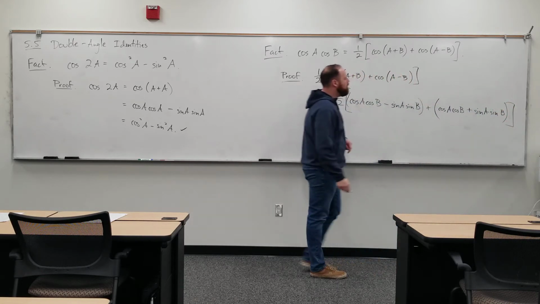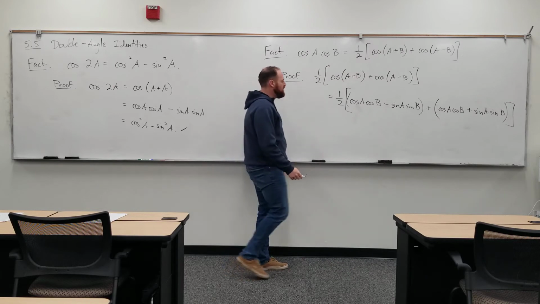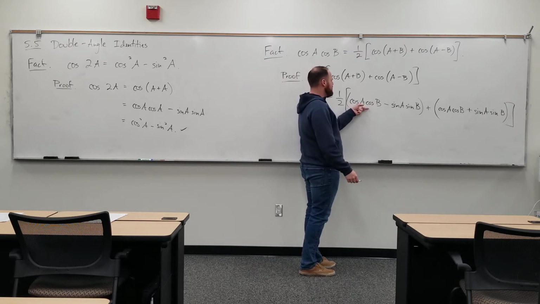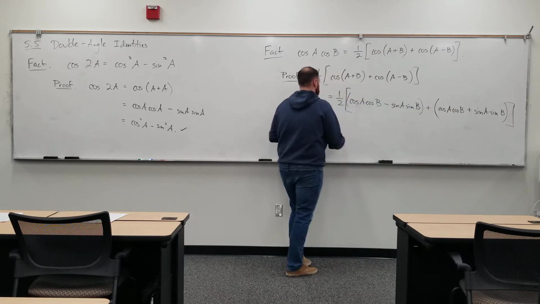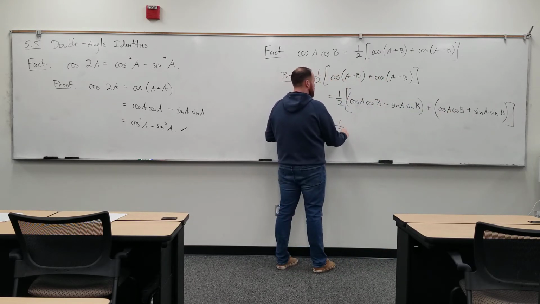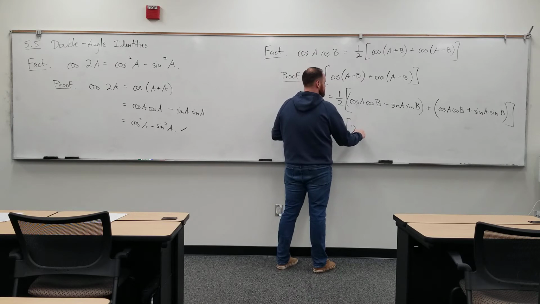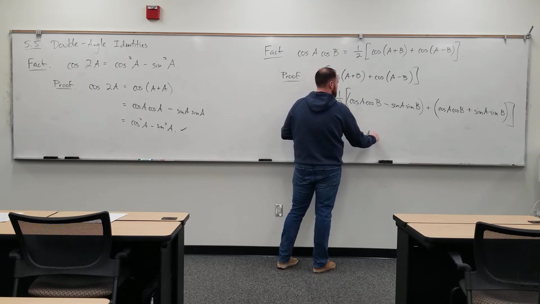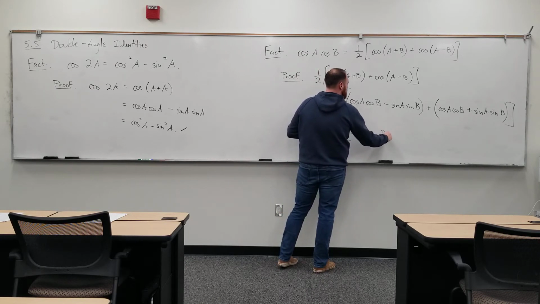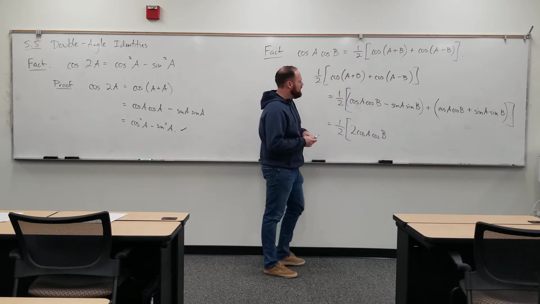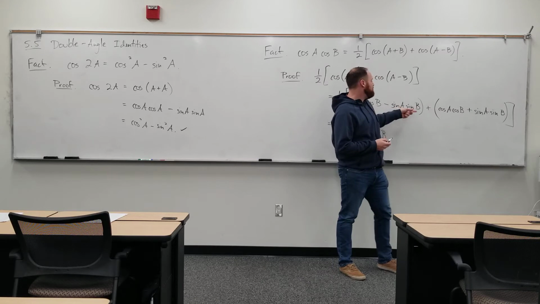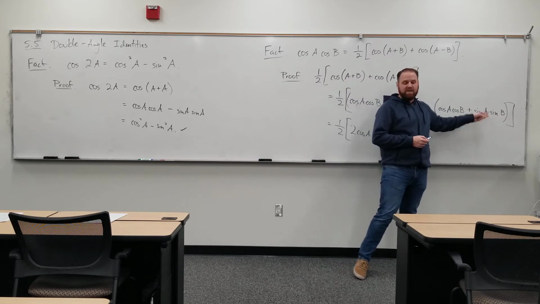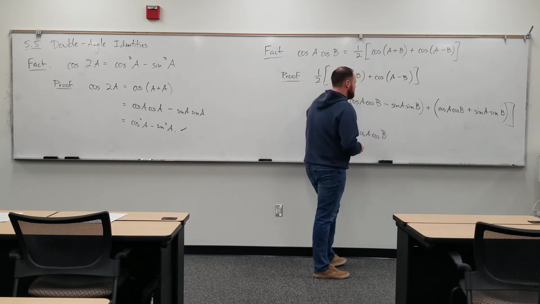Anyway, but now we just combine like terms, right? I have a cosine A cosine B here. I have another cosine A cosine B there. So that makes 2 cosine A cosine B. And then I've got a negative sine A sine B and a positive sine A sine B. Those are going to cancel, right?